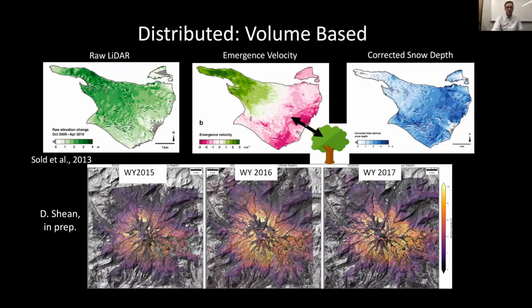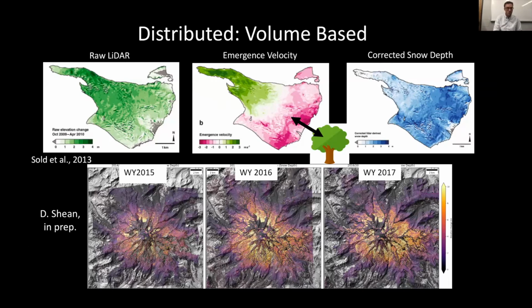I have this arrow leading to this tree here because I think this is an interesting connection between the glacier community and the seasonal snow community, that the emergence velocity and vegetation represent kind of the thorn in the application of this method. They really challenge the widespread use of this because for us, modeling the emergence velocity requires additional data and produces additional uncertainty in these observations.